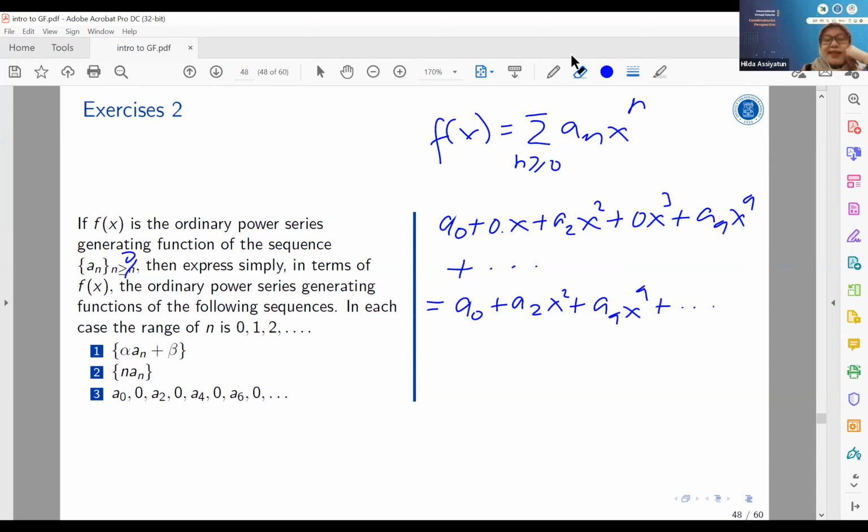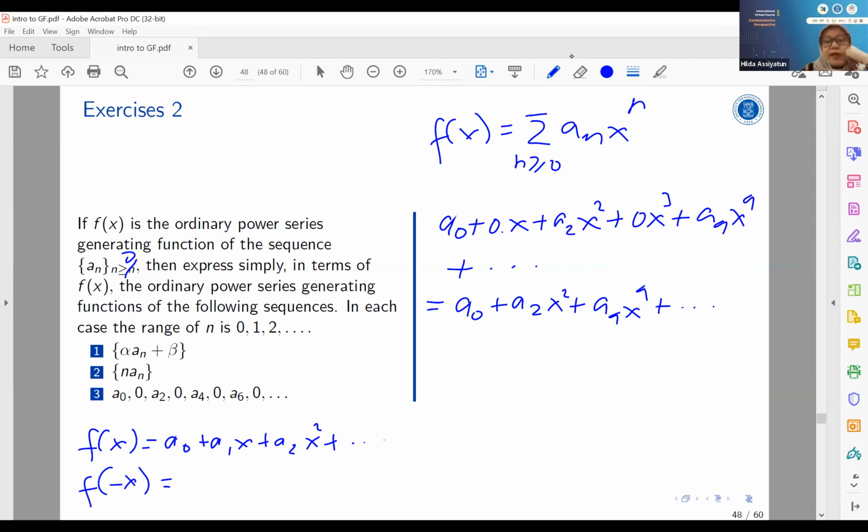Okay, let's see. If f(x) is equal to this one, what is f(minus x)?